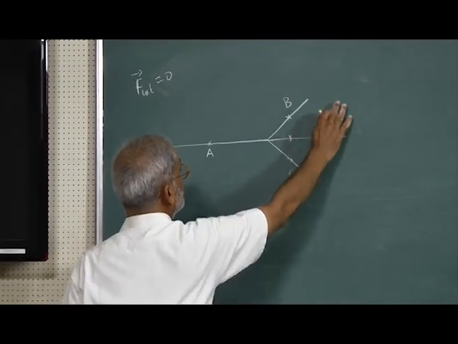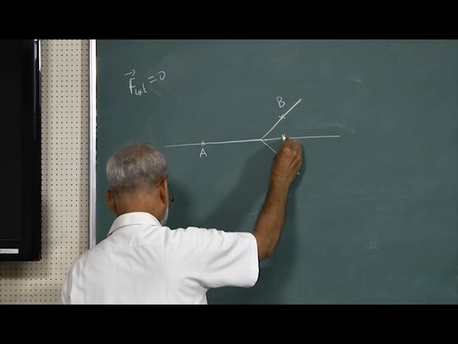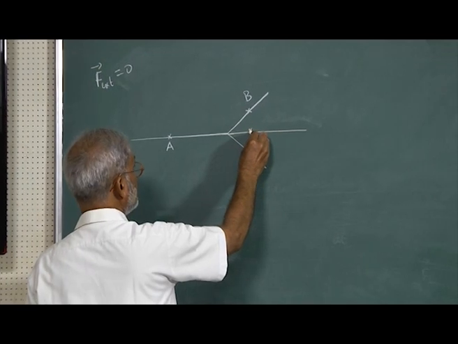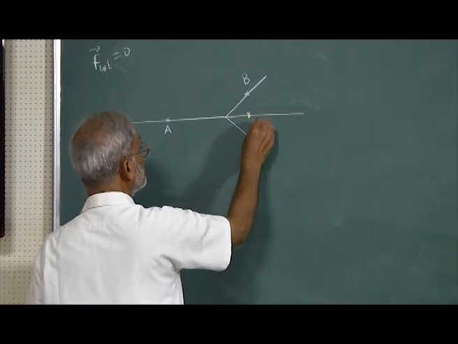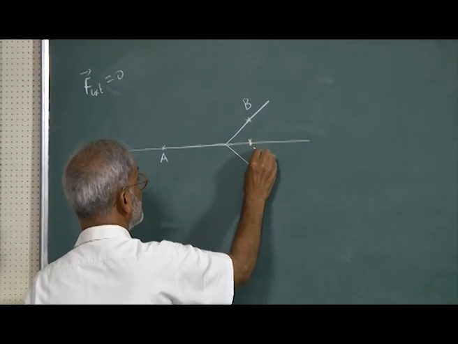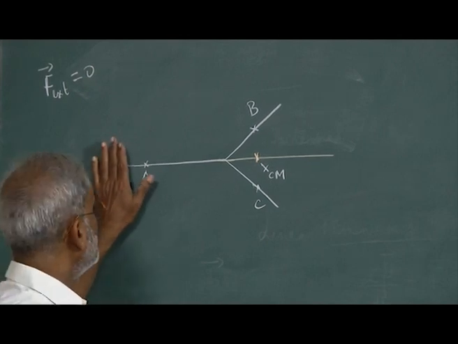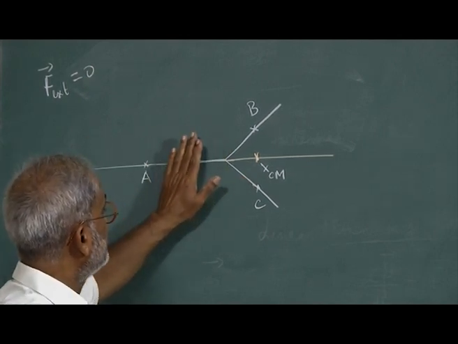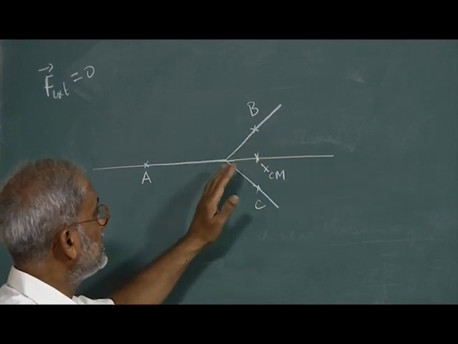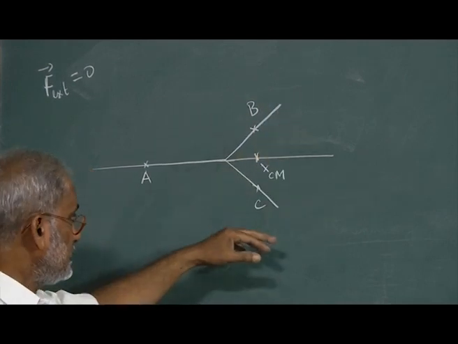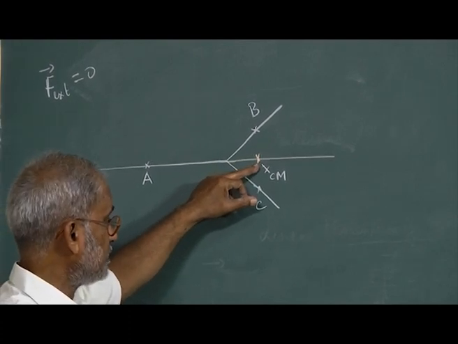The motion of the various parts is such that it is separated into center of mass motion, and what about the motion of these particles? These particles B and C move with respect to the center of mass. Let me repeat, forget about this portion. We have here now these two particle system B and C which are moving. The center of mass is located at this particular point.